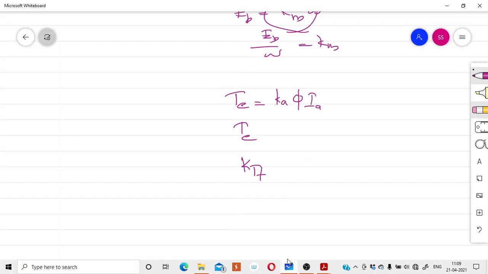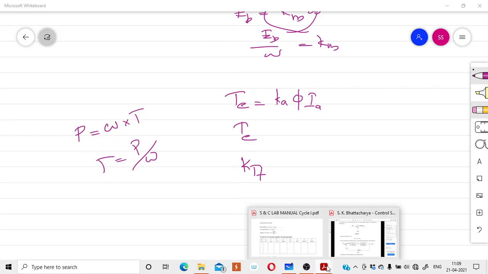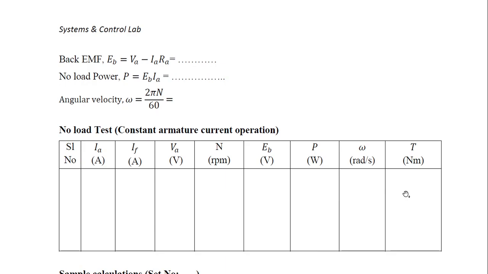We have the equation of power, P is equal to omega into T, and T will be equal to P by omega. So just divide this P value by this omega value, then you will get torque in Newton meter.